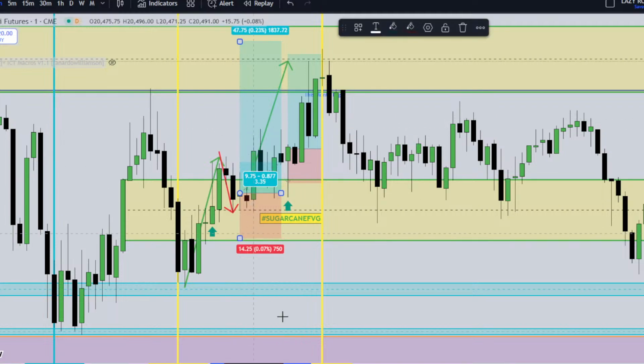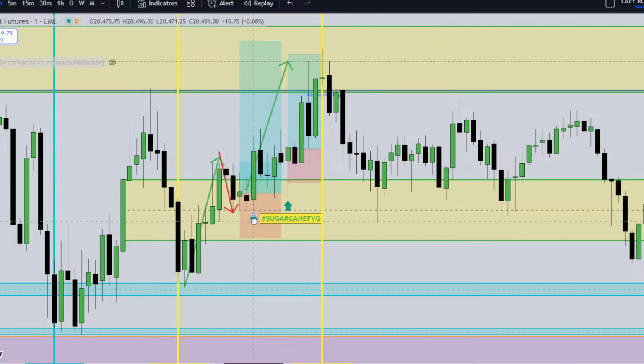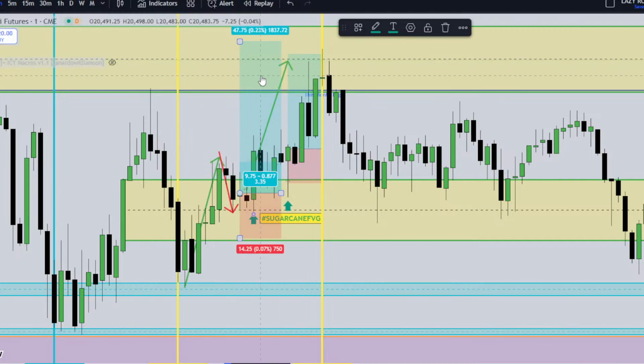Taking this buy, I'm aiming for this high right here or the middle of the previous sugar cane. See that? It's the same thing. The more you practice it, the easier it gets, and the more you'll be able to use other different parts of it. Still confirming the same thing. All right?